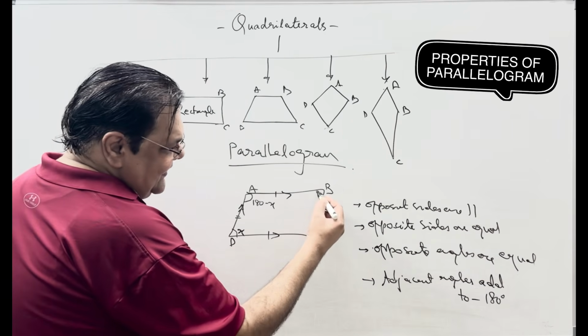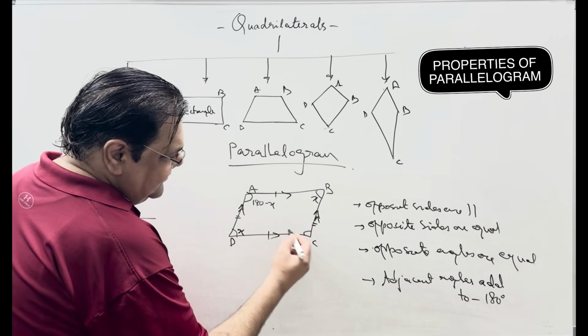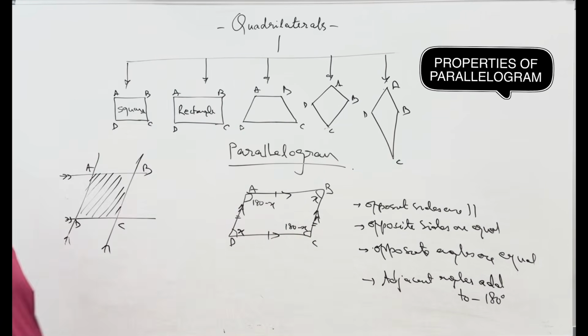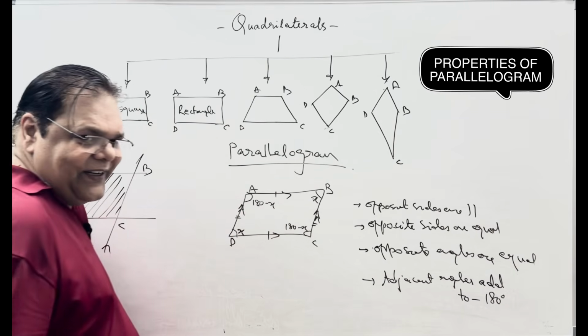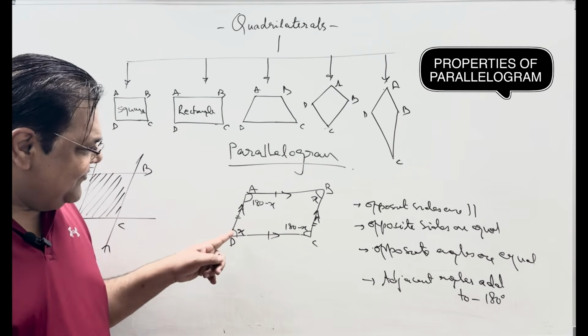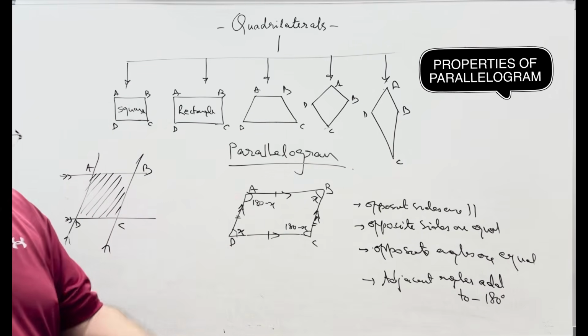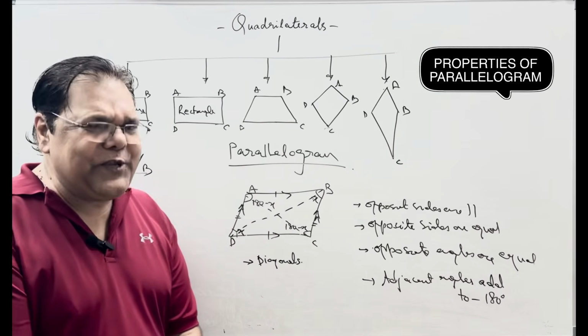This is always equal. So this is also equal. When you add, it is 360. You add this adjacent, 180. You add this adjacent, 180 degrees. Any two adjacent angles you take, add to 180. Opposite angles are always equal. Diagonals cannot be equal.